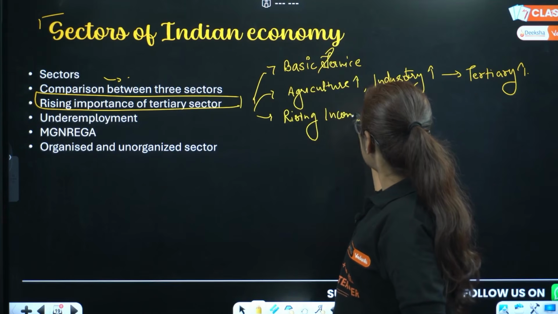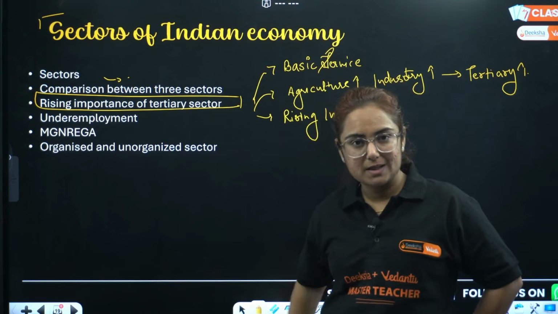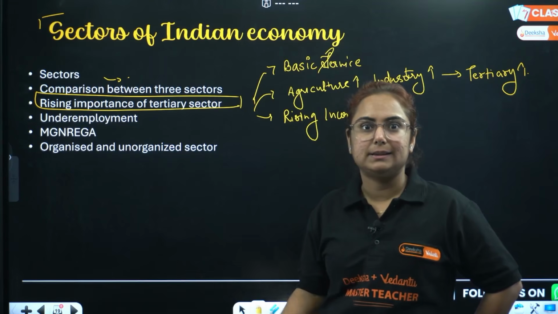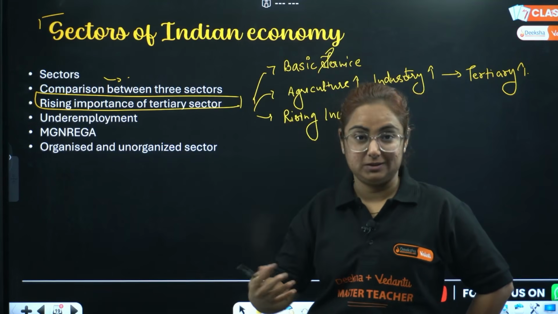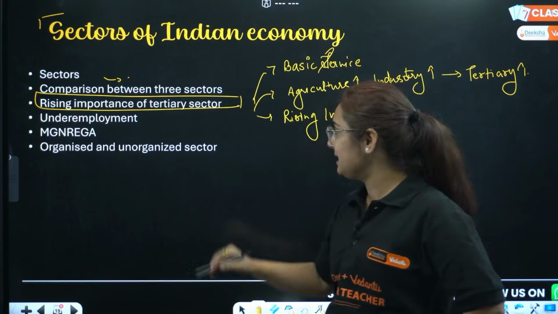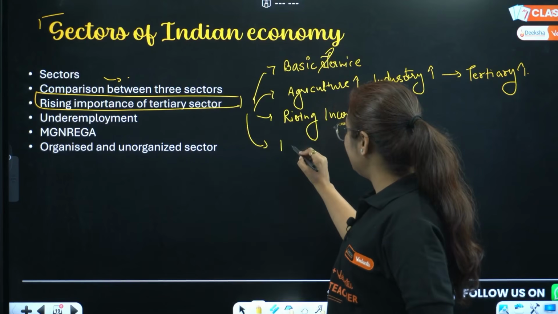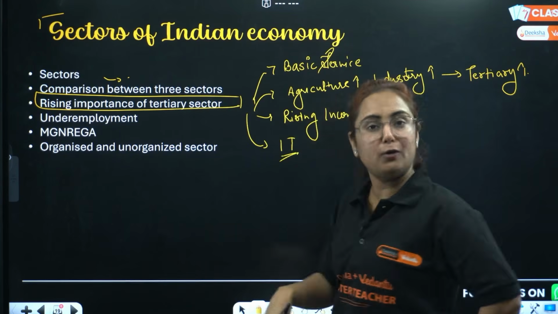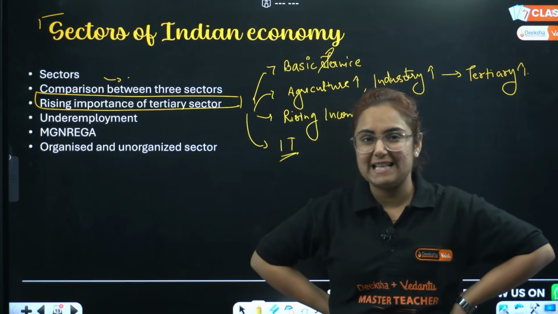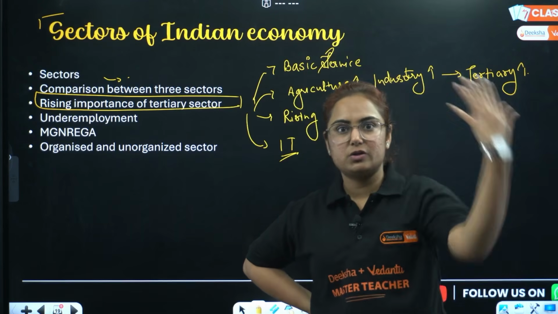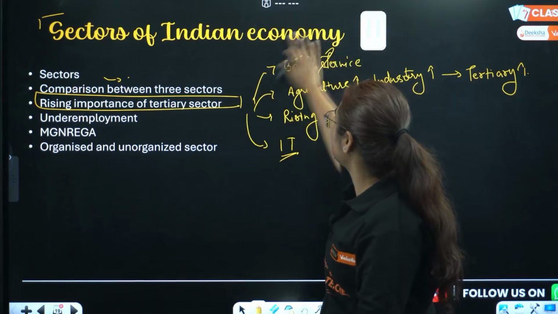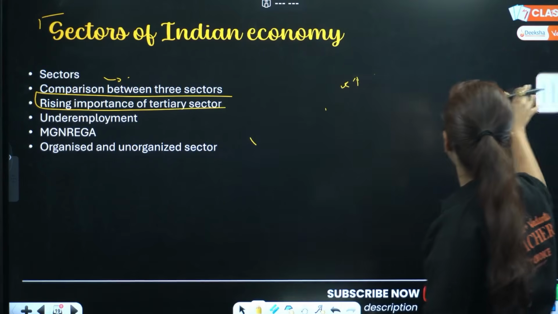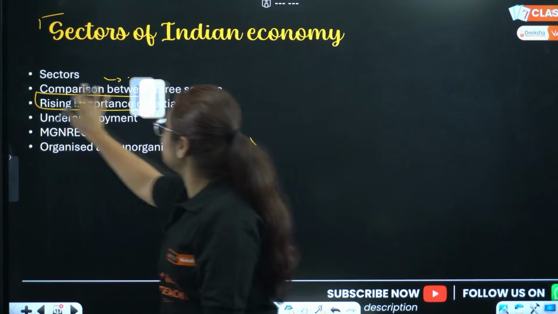When income will rise, you will go to tourist places. Eating out, dining out, you will change, na? Right? Now there will be coming of IT sector, information communication technology, ICT, which revolutionized the world. So these are the factors because of which there is rising importance of tertiary sector.